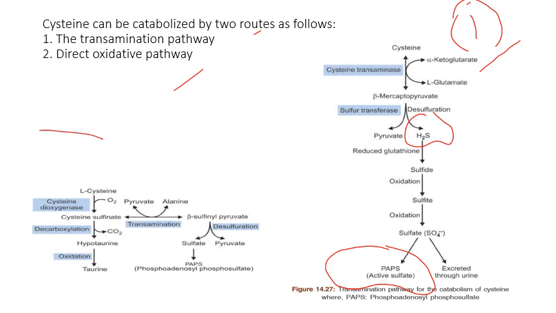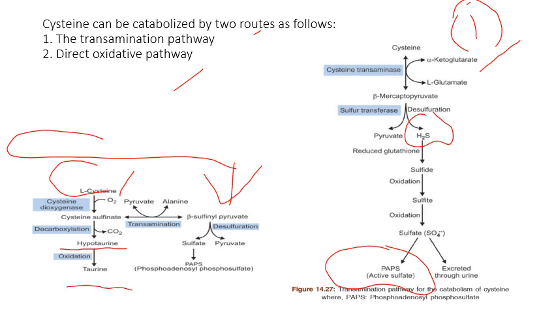And the second pathway is the direct oxidative pathway. Here the cysteine is oxidized to cysteine sulfinate with the help of the enzyme cysteine dioxygenase, which is then decarboxylated to hypotaurine, which is further oxidized to taurine.